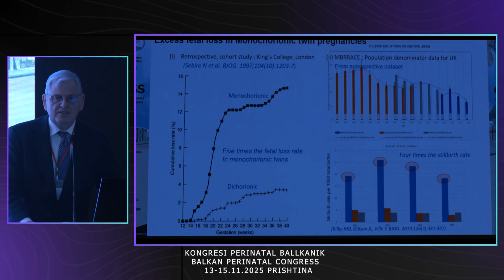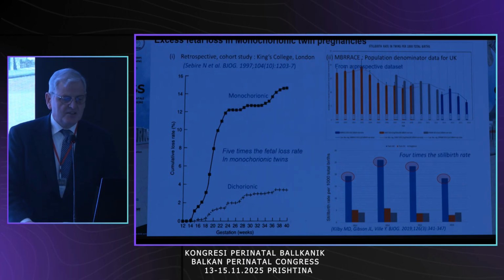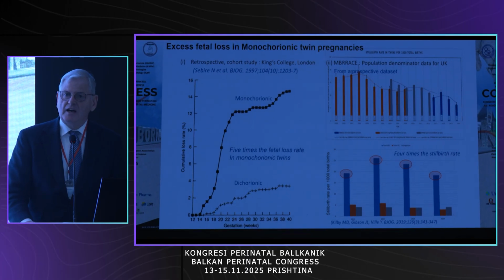The top right-hand side of this slide shows data from the UK Embrace population denominator data for perinatal mortality. And you can see from this prospective data set, the stillbirth and perinatal mortality rate has gradually decreased year on year in the UK from 2000 onwards.